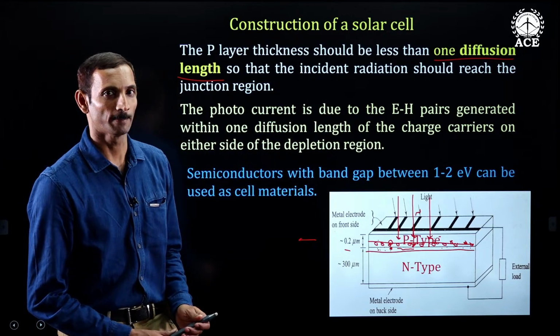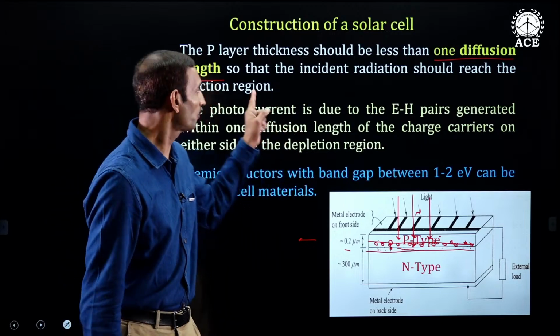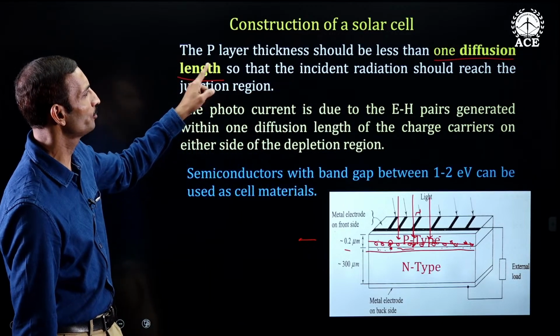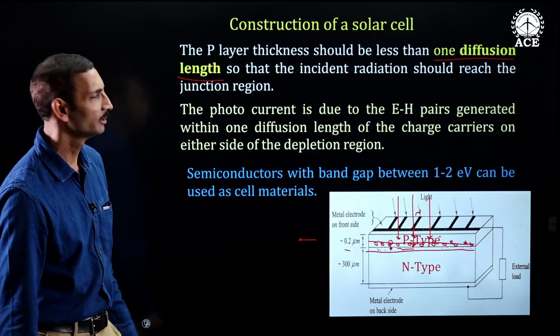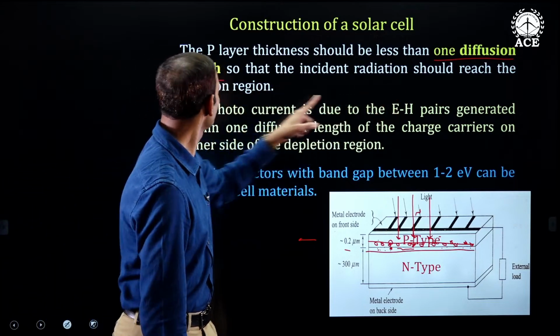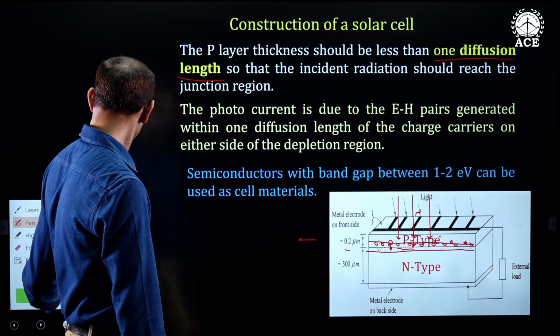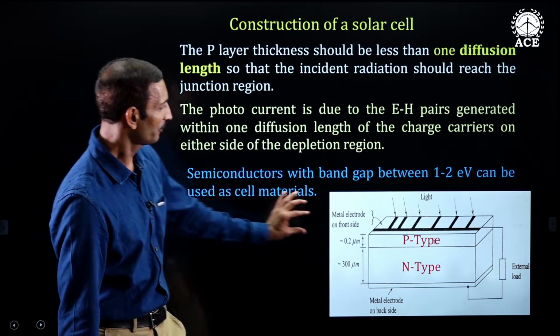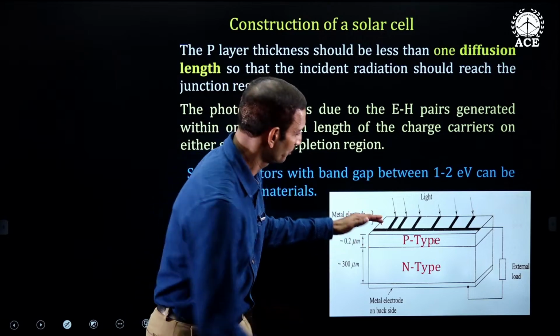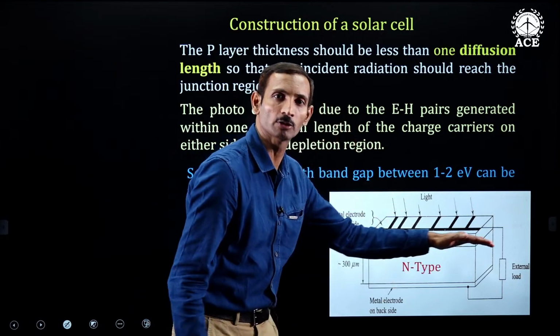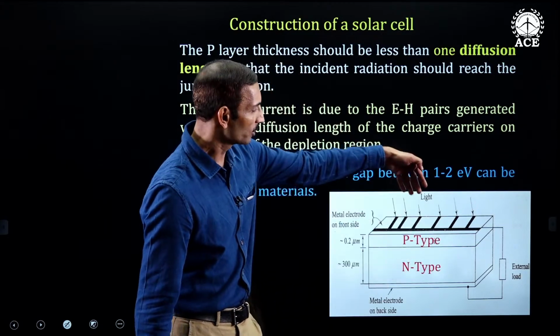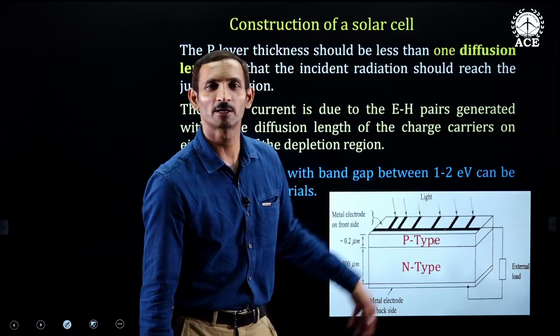Why should we keep them? This point is important. The P layer thickness should be less than 1 diffusion length so that the incident radiation should reach the junction region. What do we mean by this? If you make the P layer very much thicker, equal to the thickness of the N layer, photons would be absorbed within the P material itself.